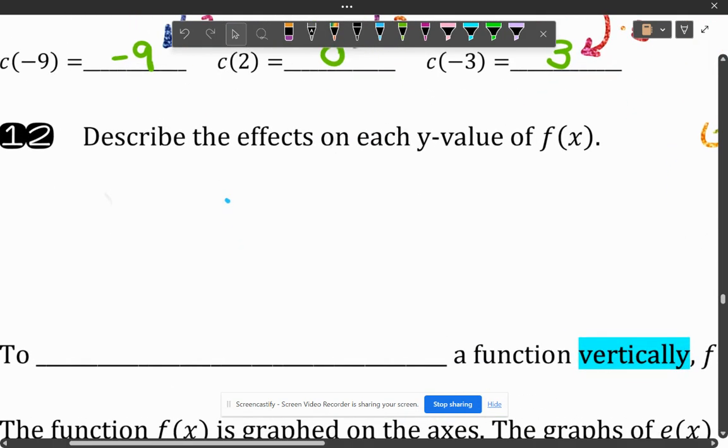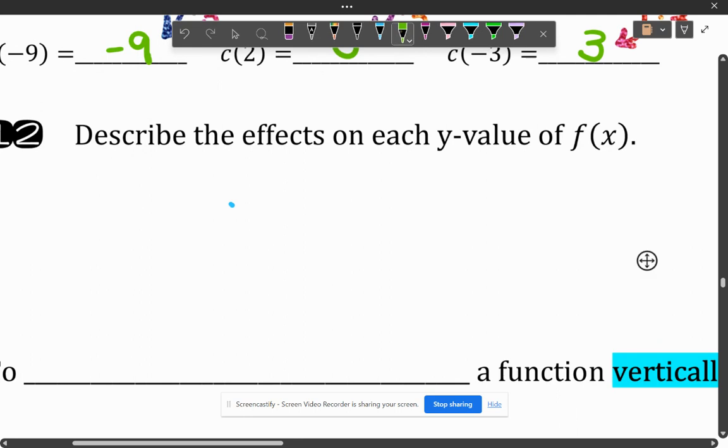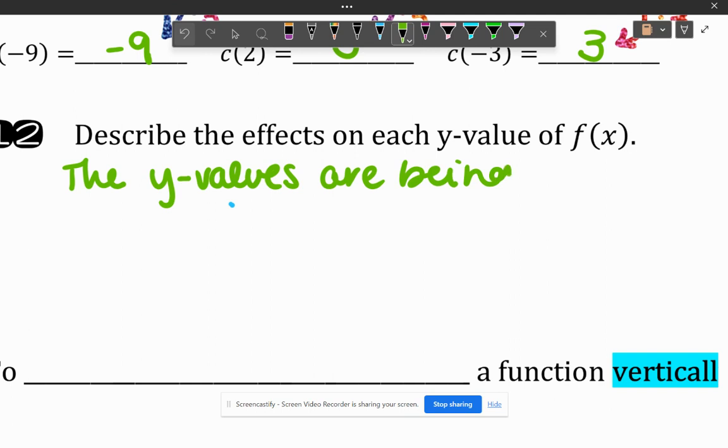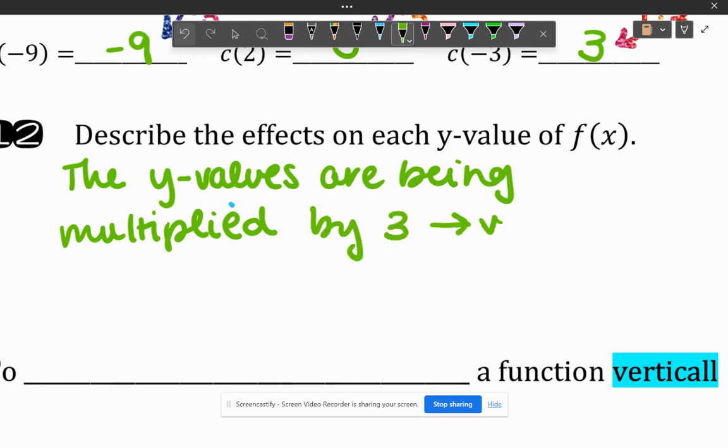So what are we describing with the effects on the y values? The y values are being multiplied by 3, which is causing that vertical stretch.